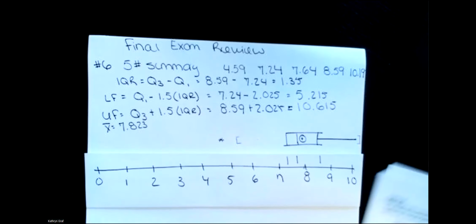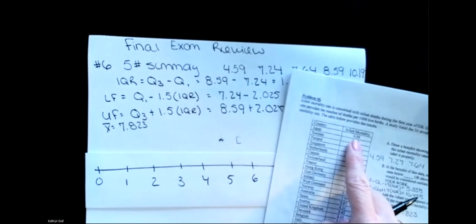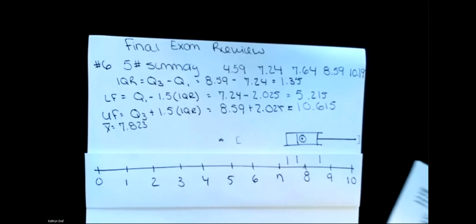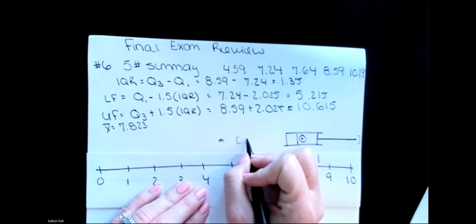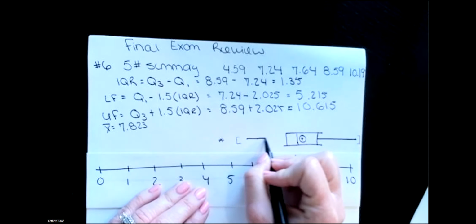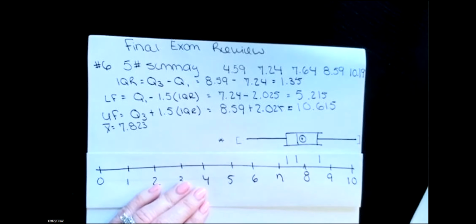So I'm going to take a look. When we look at the paper, the data was given to us. Sorry, this is not very good quality of a picture here, but 4.59 and 5.77, they're in order. So 5.77 is the next smallest, and that's inside the fence, right? 5.77 is somewhere around here, and that's where my whisker will end.